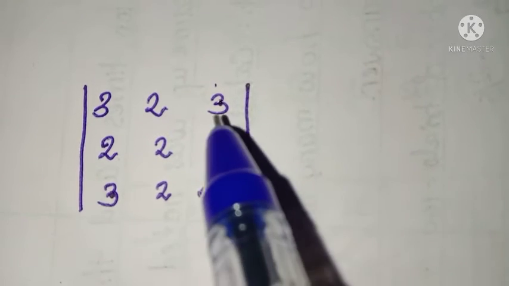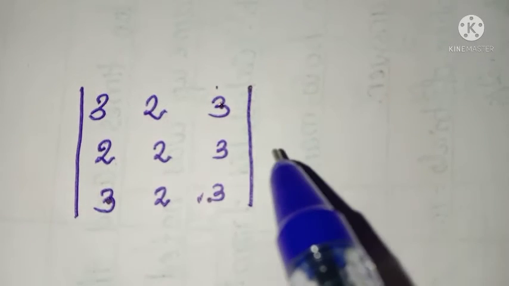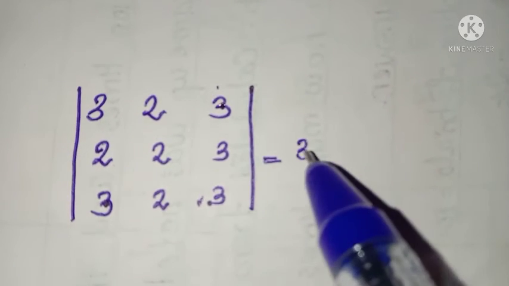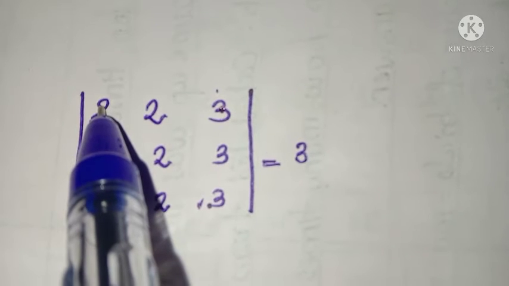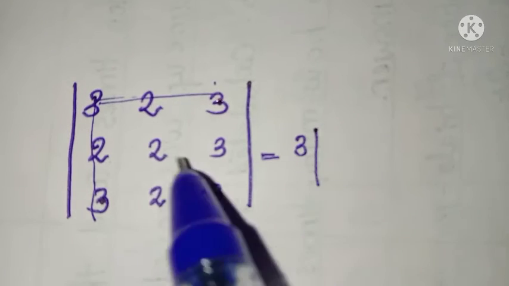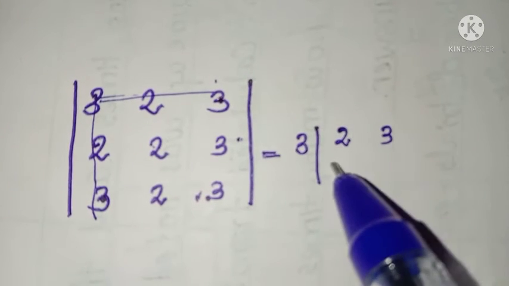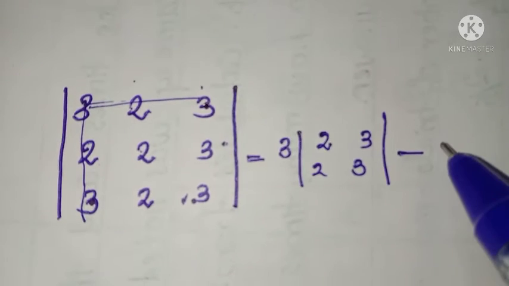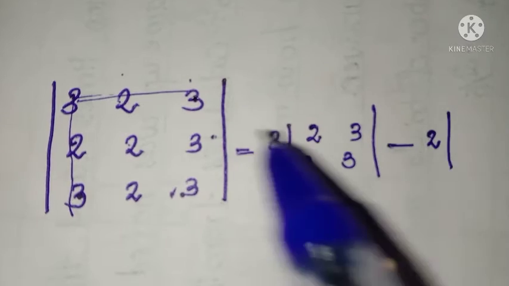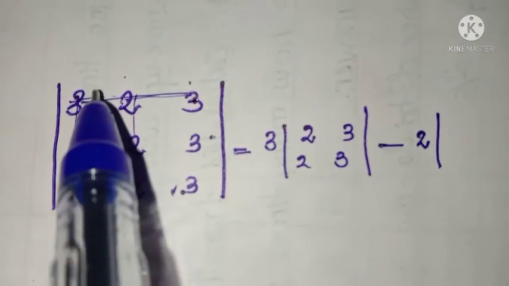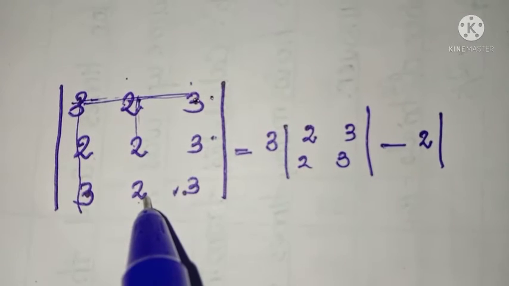Now we are going to verify whether the result is true or false. Find the determinant value, expand it along the first row. So this is 3, just exclude the first row, first column. We get the determinant 2 3, 2 3, minus the next element, that is minus 2 into the determinant. 2 belongs to the first row and second column, so exclude the first row and second column.